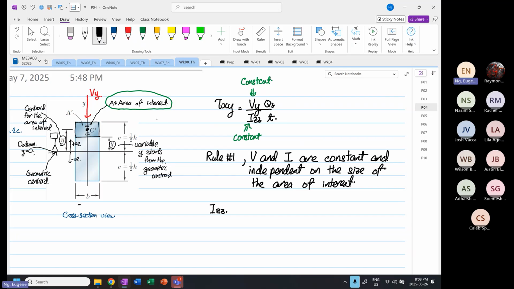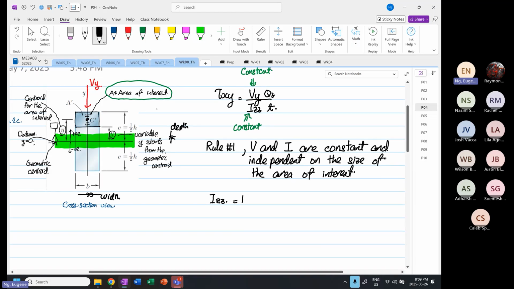So we know that from here to here, this is our width. And from here to here, this is our depth. Because the axis of interest is our ZZ axis. So the width is equal to B. The depth is equal to (2C) cubed divided by 12.